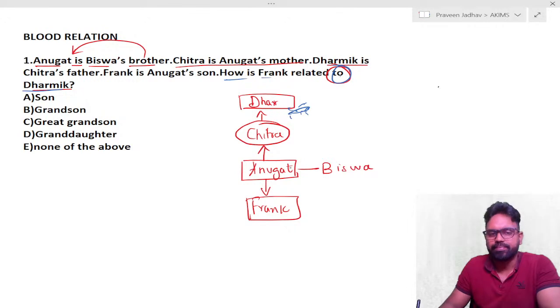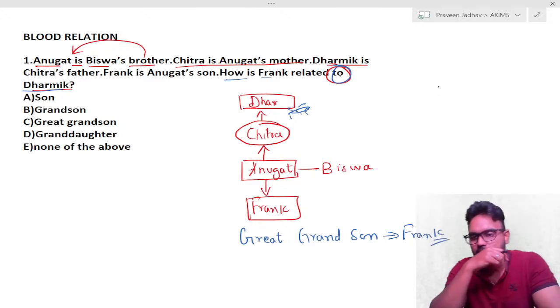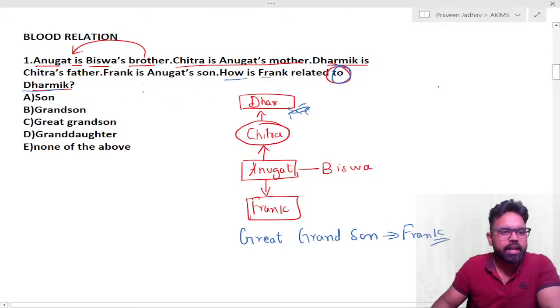Daughter Chitra. Who is this? Grandson Anugat. Who is this? Great grandson Frank. Getting it, everyone? Do I have it here, great grandson?